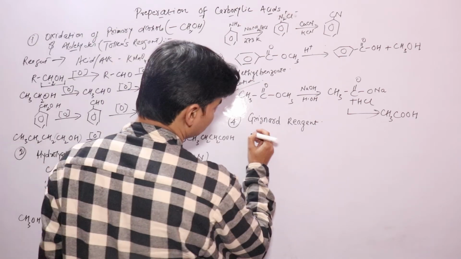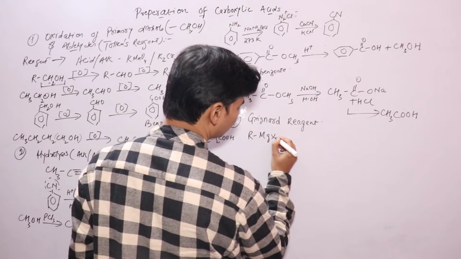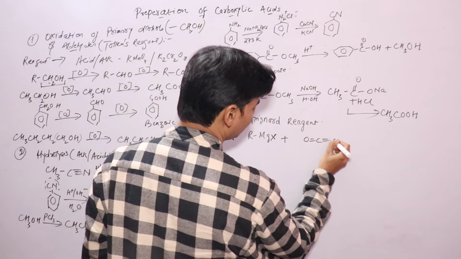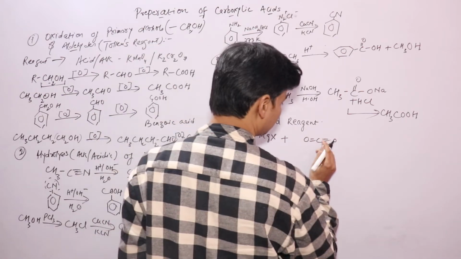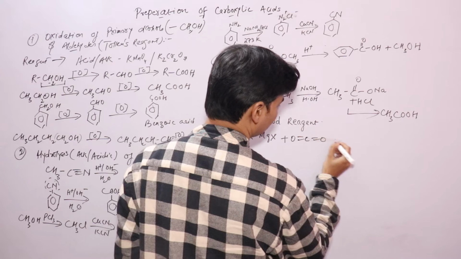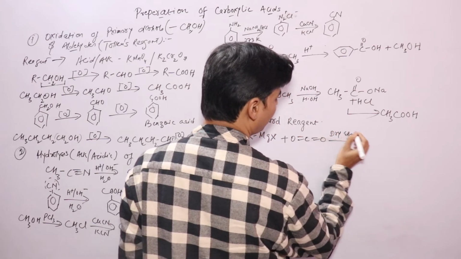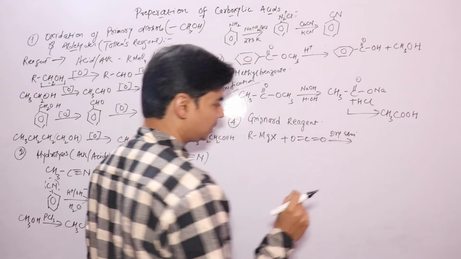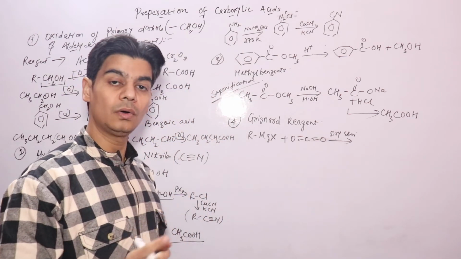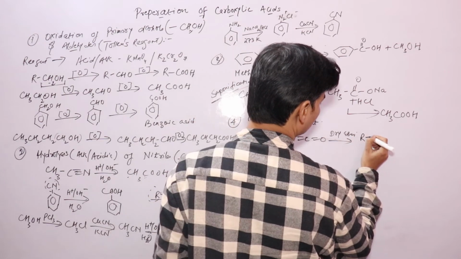So Grignard reagent, let's take RMgX, will react with carbon dioxide in the presence of dry ether. First it will form an addition product. That addition product will undergo hydrolysis to give you carboxylic acid.